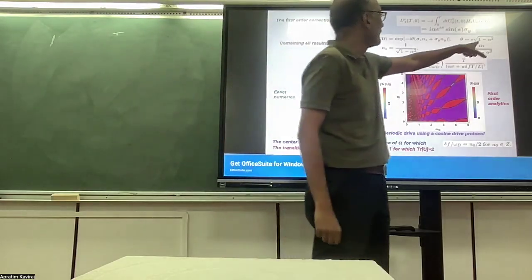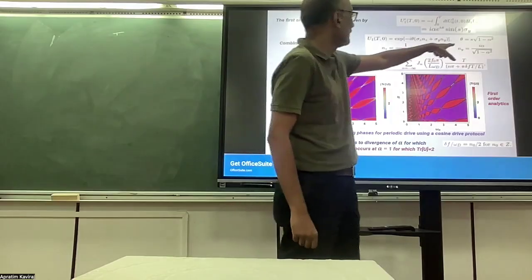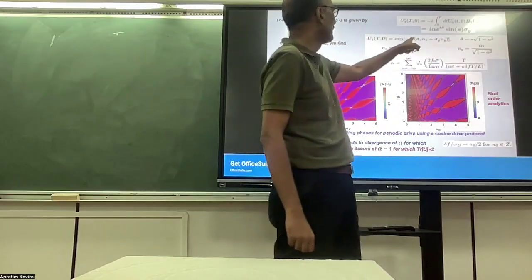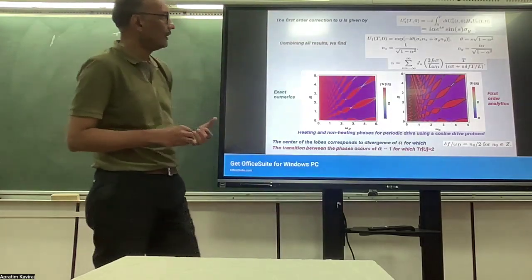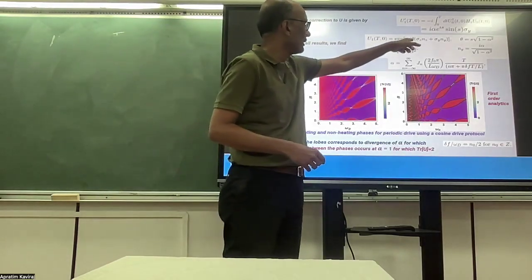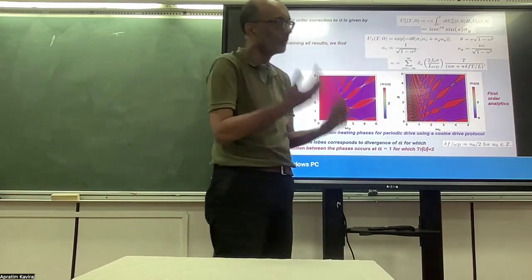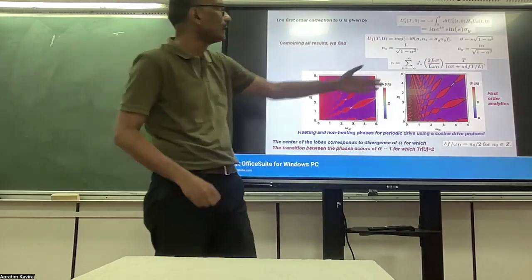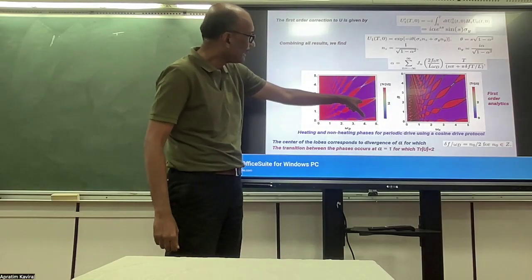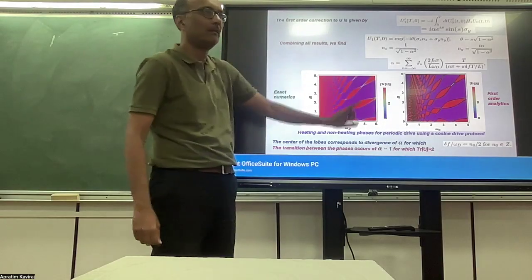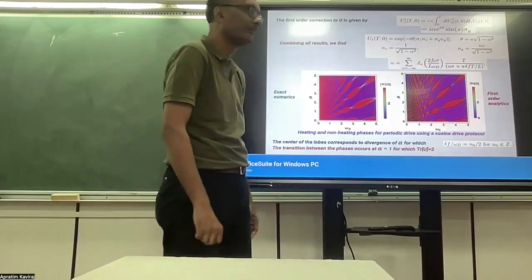Alpha much greater than 1 essentially means that you are in the heating phase, because this theta becomes imaginary, and so U1 can be written in terms of cosh and sinh rather than cosine and sine. So you are right in the middle of the heating phase, and these are essentially the midpoints of these red regions.